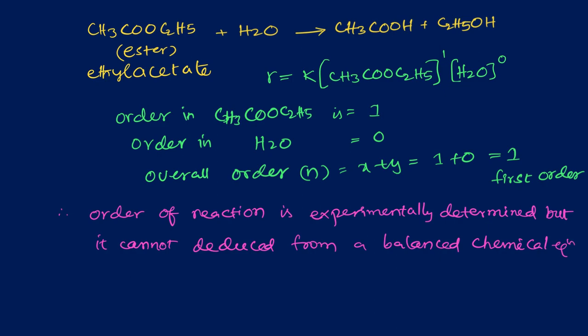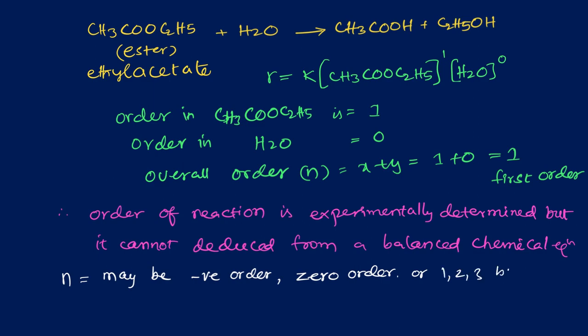So, based on this reaction, we can conclude that order of reaction n may be negative order, or zero order, or 1, 2, 3 order, but orders greater than 3 are rare.